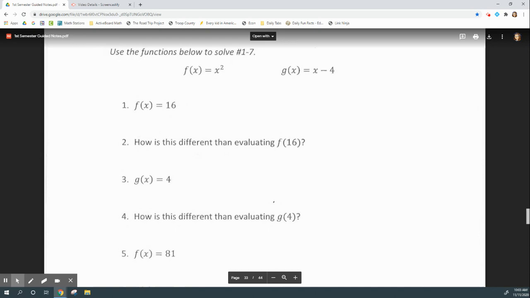So f of 16 equals, anywhere there's an x, we put parentheses, squared. And since x is 16, we fill it in. When you type that in the calculator, you'll get your answer. So 16 squared. What do we get? 16 squared. So that's 16 times 16. To what? 256.